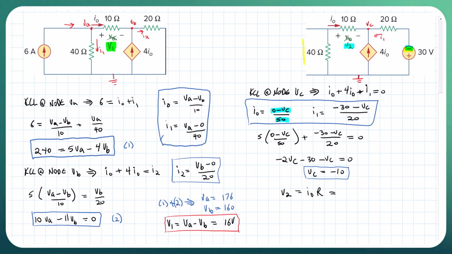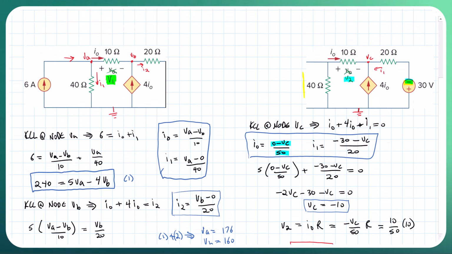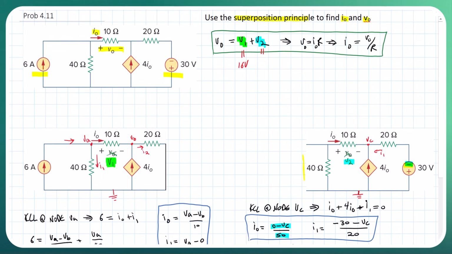So we're just going to plug that in here: minus VC over 50 times R. Our R is going to be 10. Minus VC is minus 10, which is going to be 10 over 50 times 10. And then V2 is going to be 2. So now we got V2 equals 2 volts. And that's the second part of this problem.